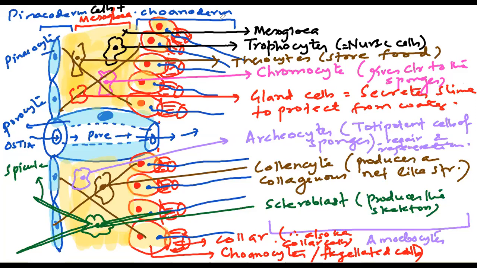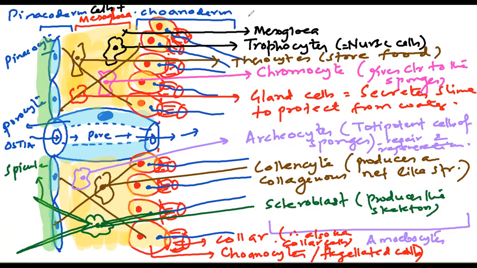Second, it will form a layer outside the sponge body. So they will produce a layer of, we'll use a green color, slime. So this is a layer of slime.